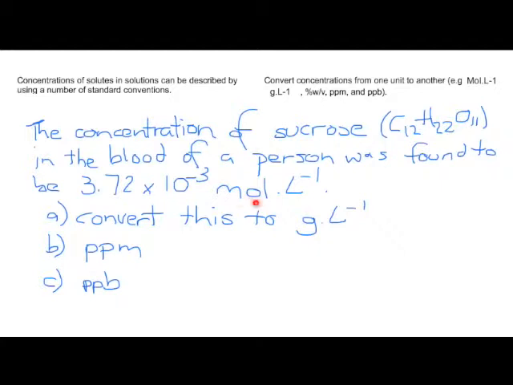The big difference you'll note here is that we have started with moles, and we want to get to grams. So the moles part is a huge clue. We need to know the molar mass of sucrose, and we can work that out by adding up the mass for C or carbon 12 times, because there's 12 of them, with the mass for hydrogen 22 times, with the mass for oxygen 11 times.